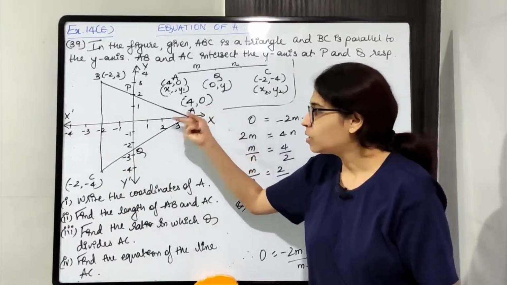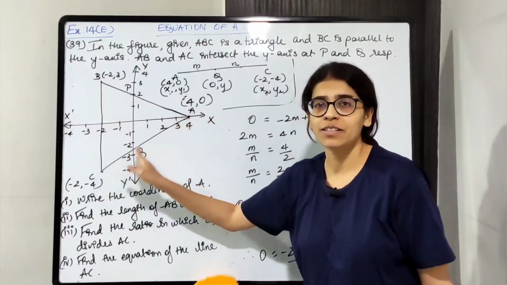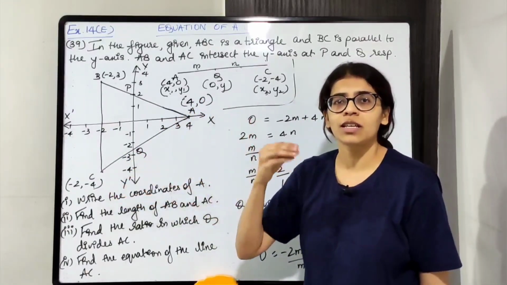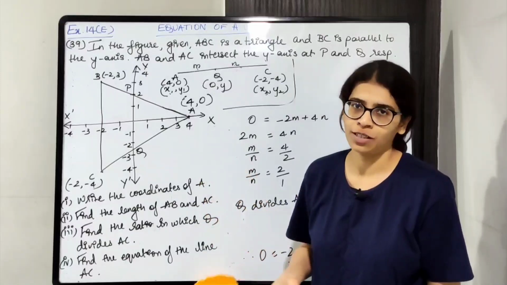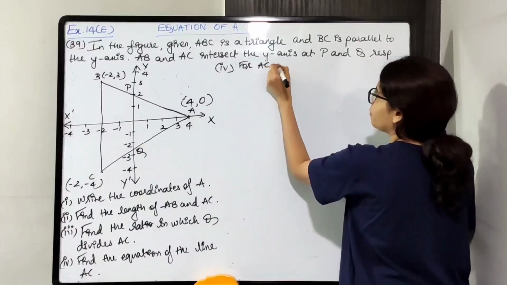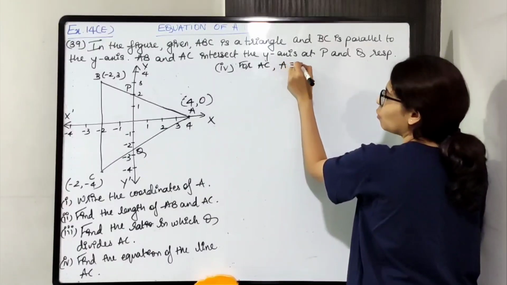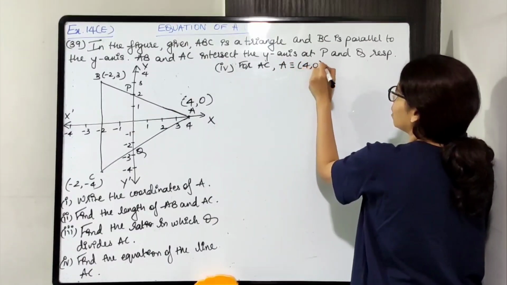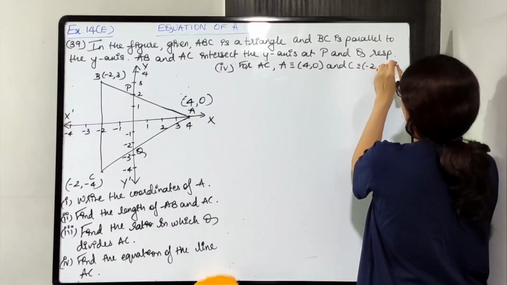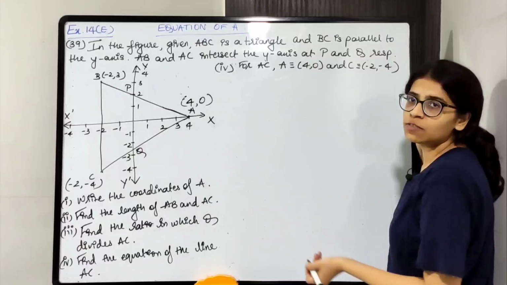We know coordinates of A, we know coordinates of C, we can easily find slope. Once you get the slope, take any one point's coordinates as x1, y1 and frame the equation. Okay. So for AC, write down the coordinates of A and C. First we'll find the slope.